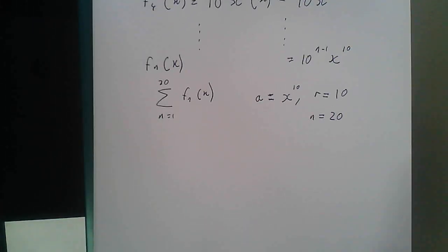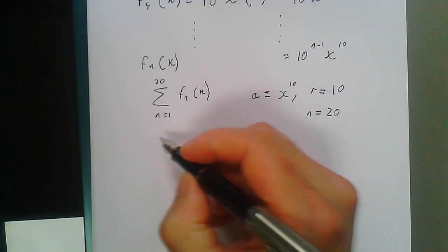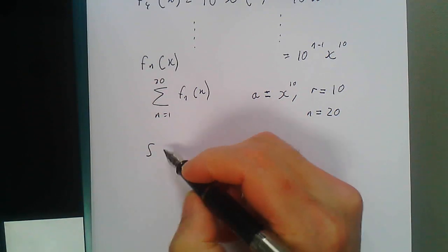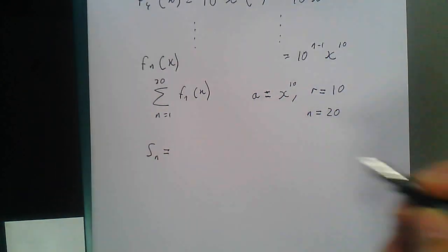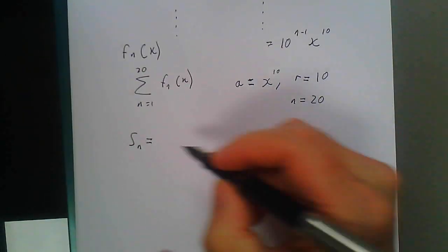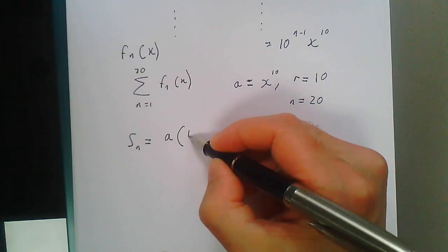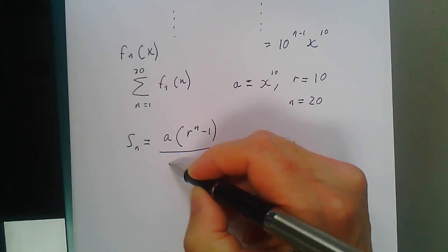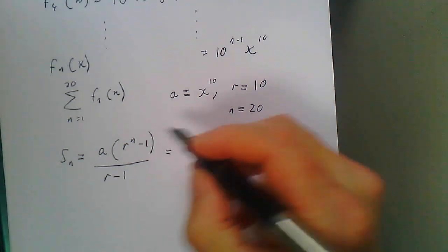A reminder that though the sum of n terms is in the formula book for A level, there is no formula book for TMUA. So this will be a times r to the n minus 1 over r minus 1. But we know all these things.